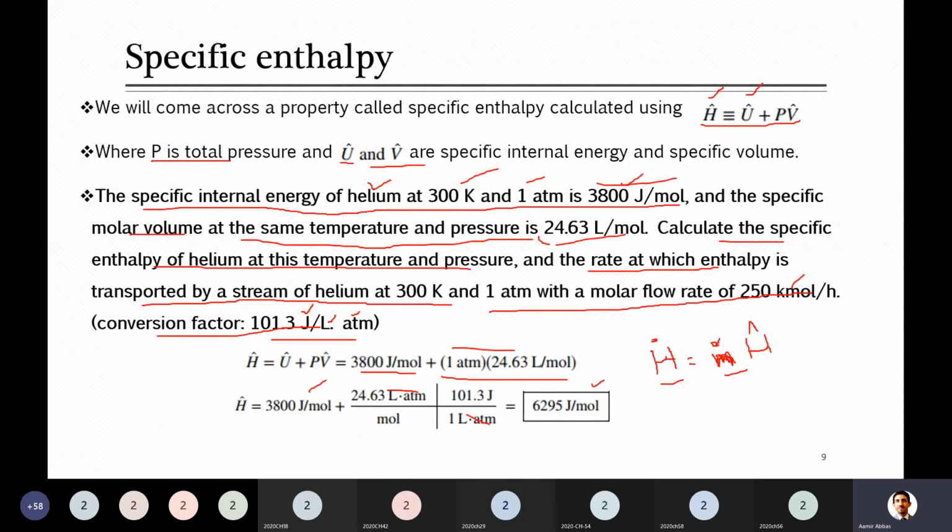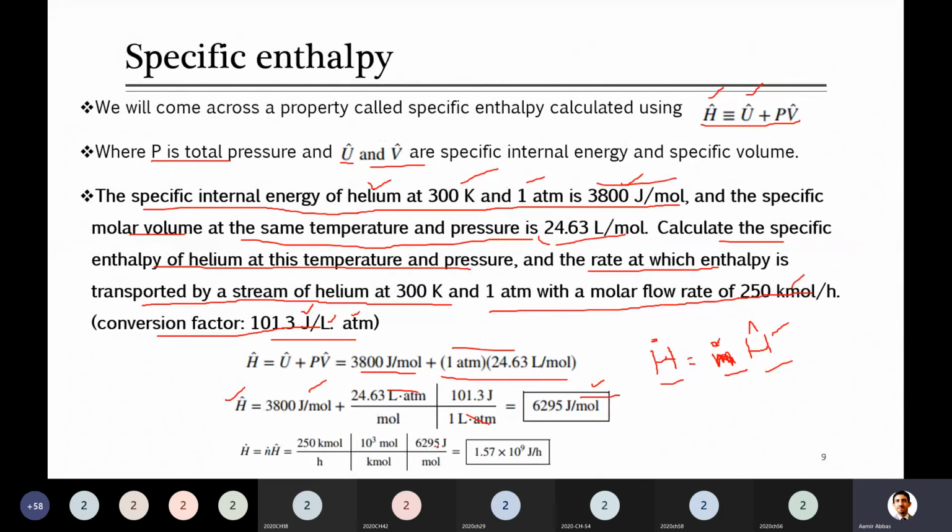Now do you have these values? Molar flow rate is in the question. Yes, sir, 250. What about this specific enthalpy? You have just calculated this: 3800. So just go ahead with this. Here I have mentioned molar flow rate is 250 kilomole per hour, and kilomole was converted to mole because your specific enthalpy is per unit mole.